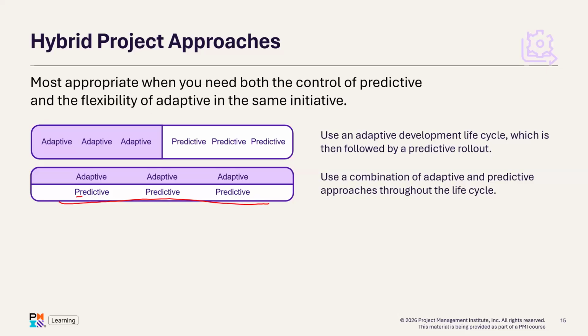Now you are done with the training. Your organization is not going to immediately trust you with an uncertain or risky project, because adaptive projects are used to address uncertainty. So what will they do? They will ask you to practice the concept on a less risky project, which uses the predictive approach.